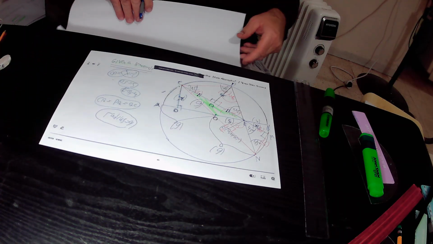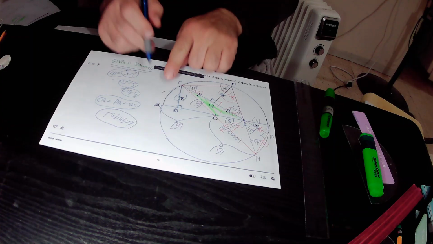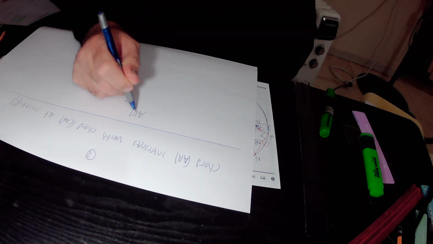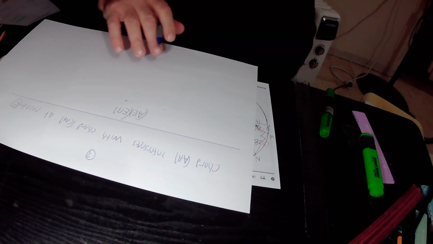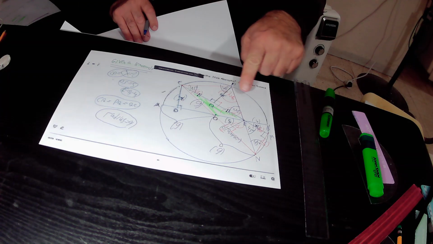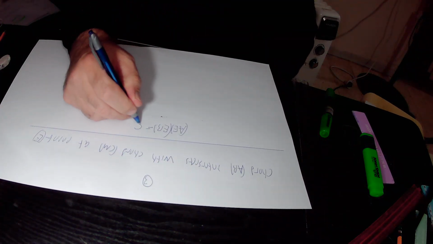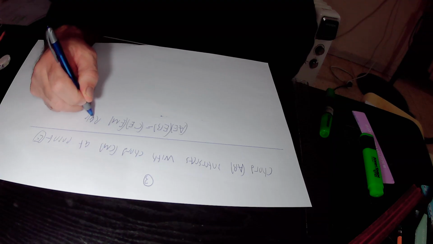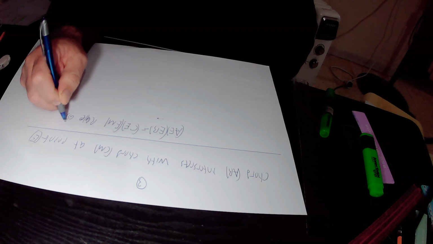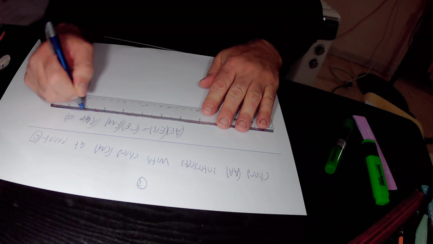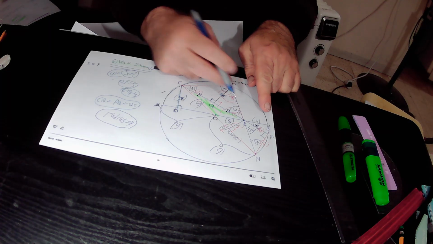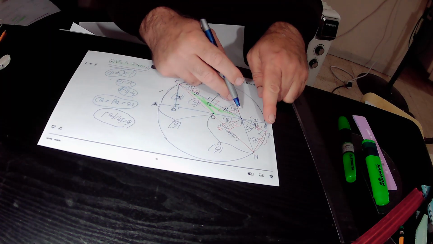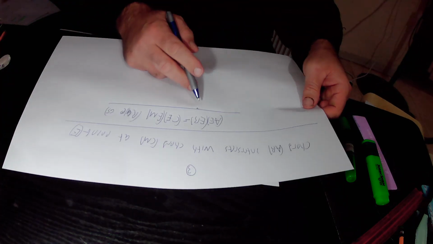According to Rule 65, the following equation is true: AE times EB equals CE times EM.